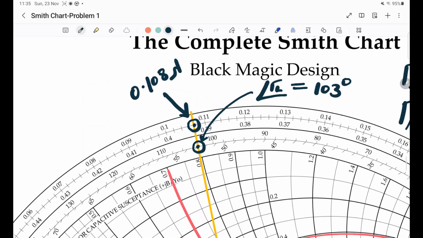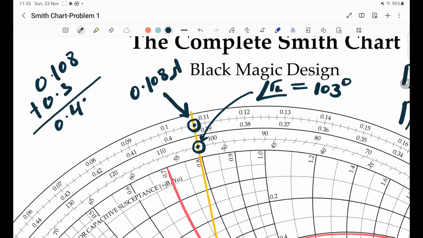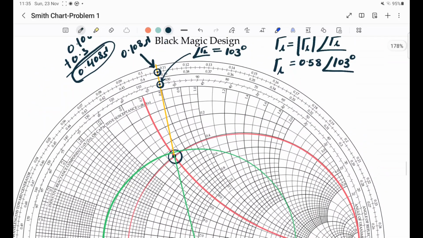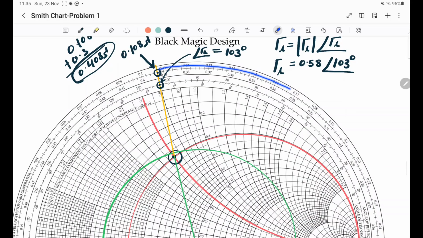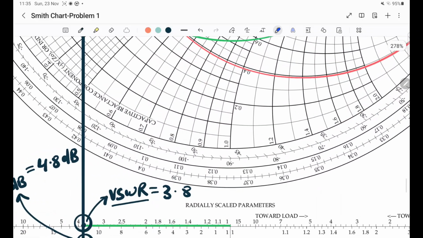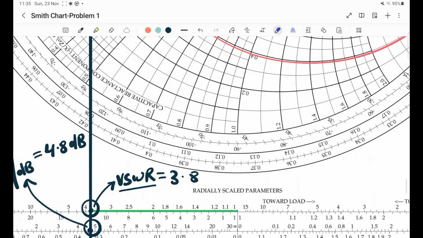So if you add 0.108 plus 0.3, which is 0.408 lambda, moving in the clockwise direction, that is in this direction, and you reach 0.408, which is somewhere here, then you can find the value of ZIN.